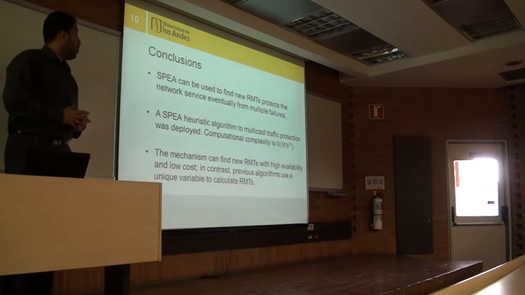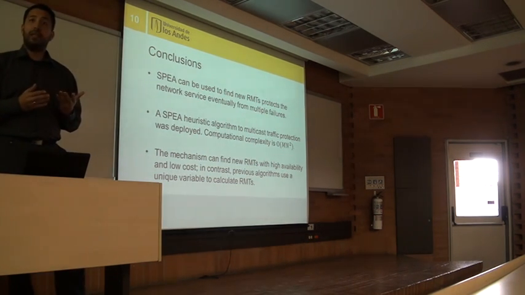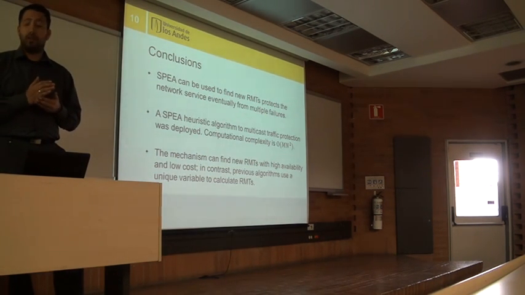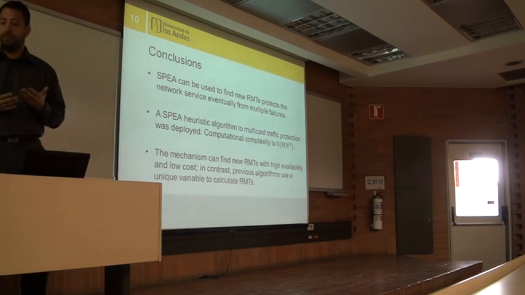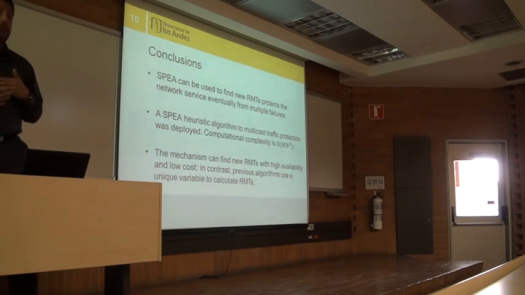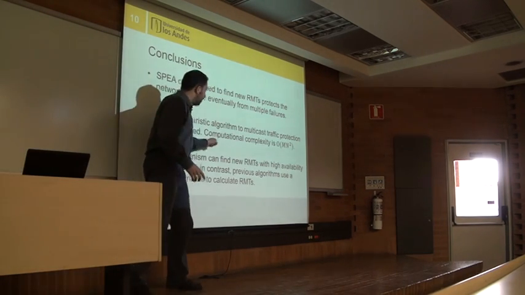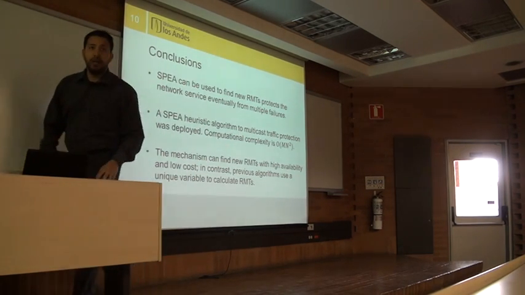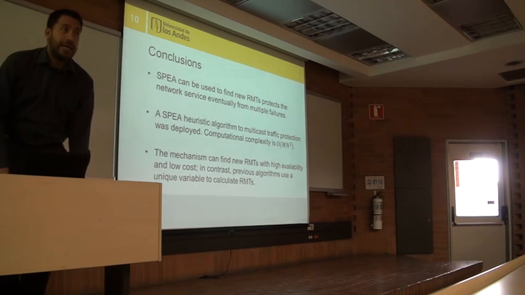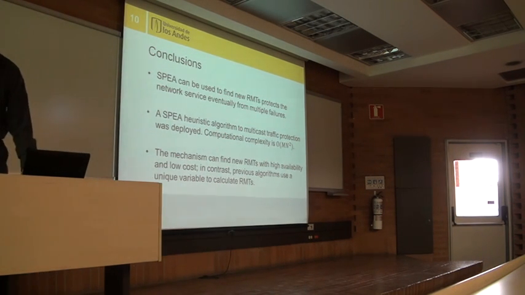Our conclusion: we implemented an SPEA-based genetic algorithm to find new RMT trees. The SPEA heuristic has complexity of order M times N, with M the number of links and N the number of nodes in the network.